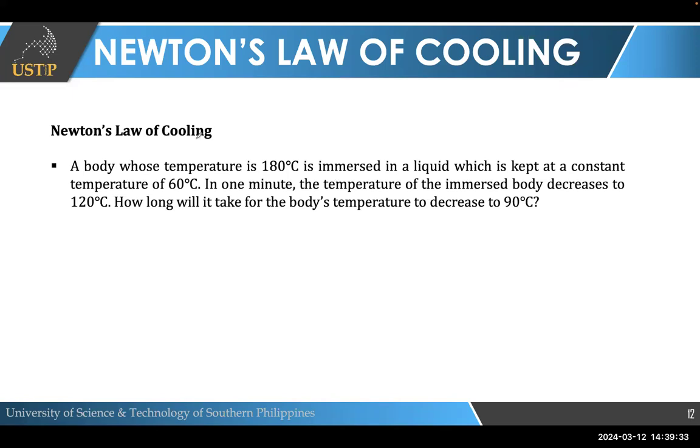A body, it did not specify what, but a body whose temperature is around 180 degrees Celsius, very hot. It is immersed in a liquid which is kept at a constant temperature of 60 degrees Celsius. Okay?